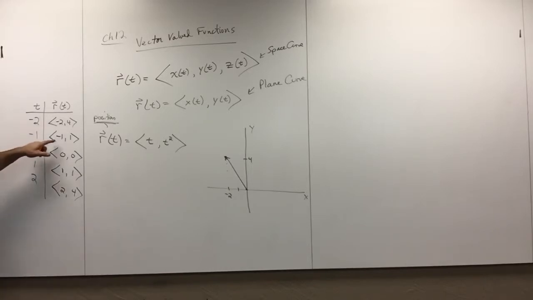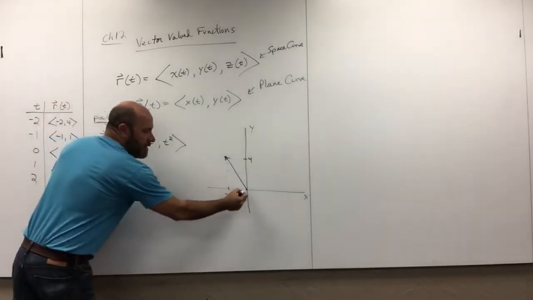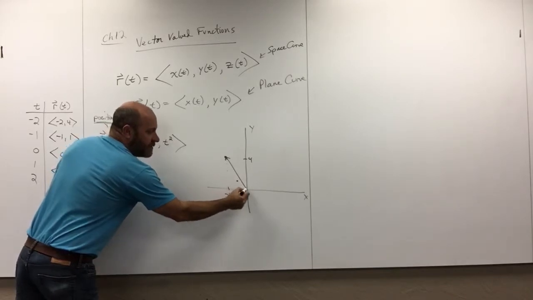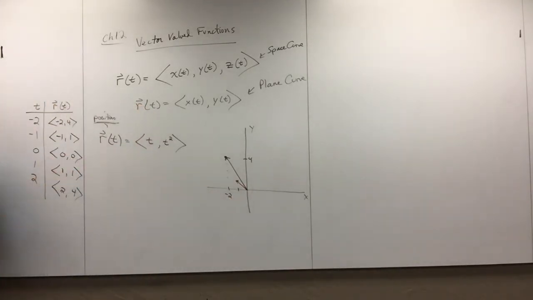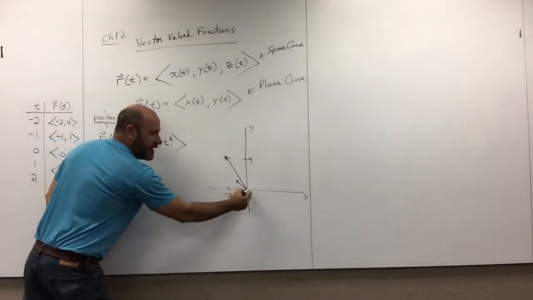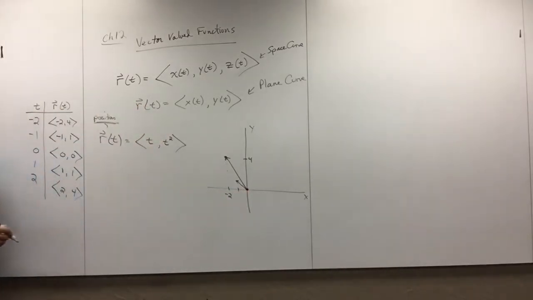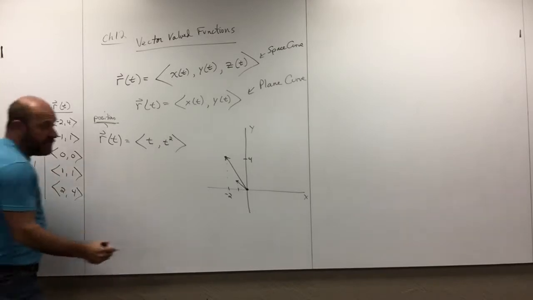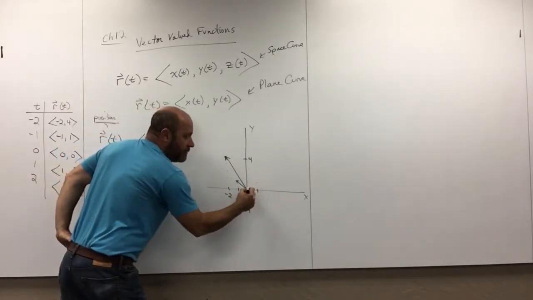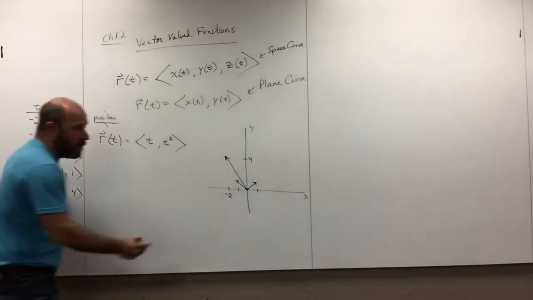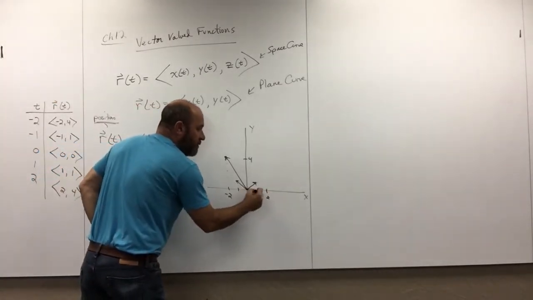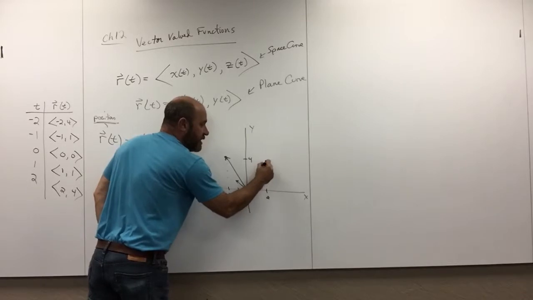Here, I'm going to plot the next one, -1, 1. -1, 1 is this vector. Take me to that point. 0, 0 ain't much of a vector. It goes nowhere. 1, 1 is a vector that goes over 1 and up 1. And 2, 4 is a vector that goes over 2 and up 4.